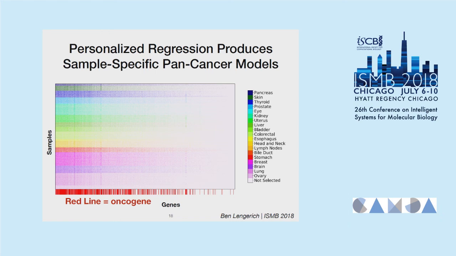Again, we have these red lines down here, which indicate whether that column is annotated as an oncogene in the cosmic census. So we see, firstly, that there is dense selection of variables where there are dense amounts of oncogenes, and sparse selection of variables where there are not that many oncogenes. But the patterns overall don't really jump out to us immediately.